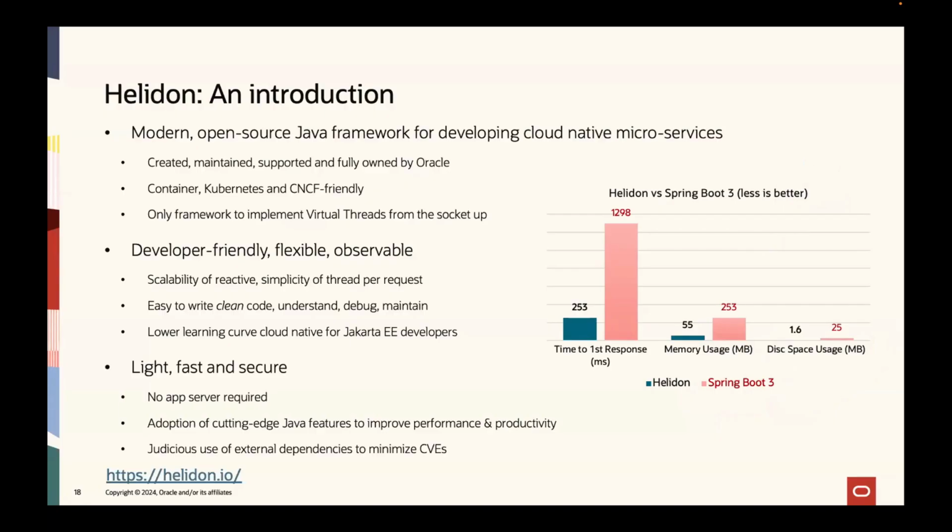So we have a lot less overhead, and we adopt a lot of the cutting edge features of Java to improve performance and productivity. We also ensure that it's very small, and we make judicious use of external dependencies, right? The landing page for Helidon is helidon.io if you want to find out more information.